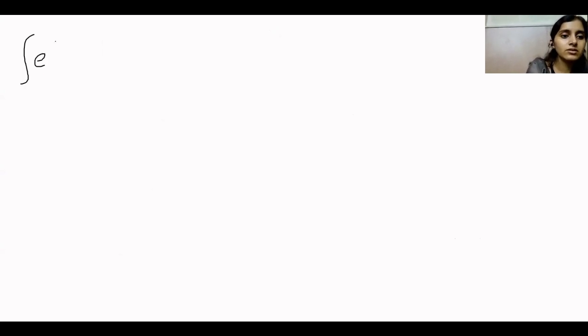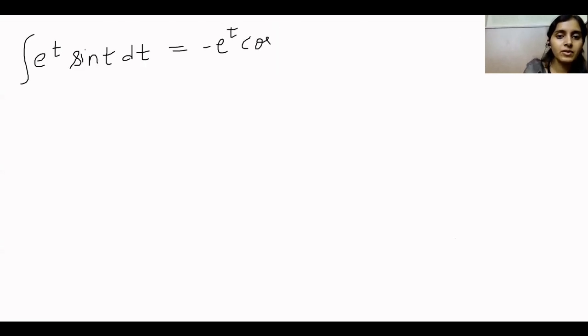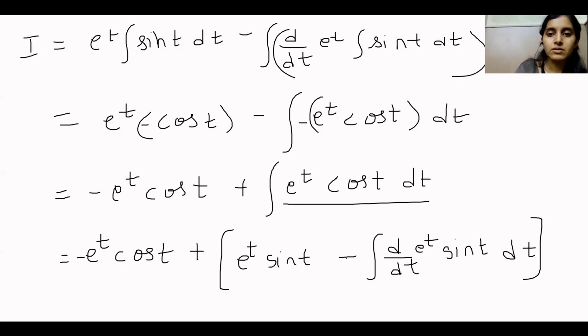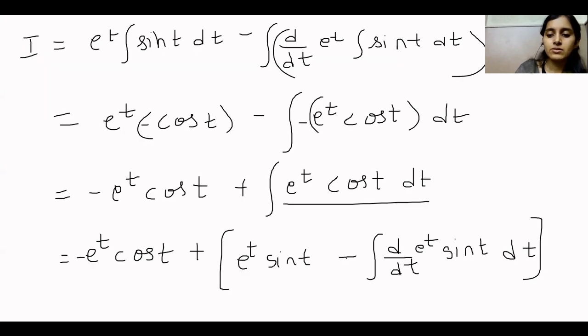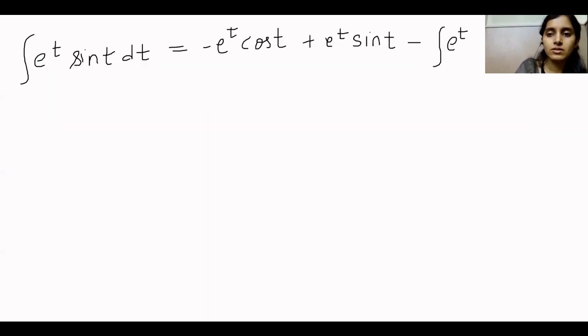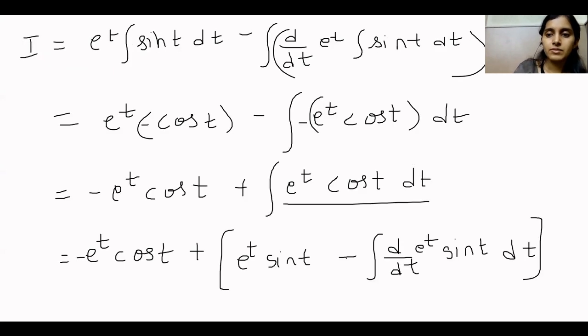Integral e raised to t sin t dt is equal to minus e raised to t cos t, plus e raised to t sin t, minus integration of d by dt of e raised to t is e raised to t sin t dt.